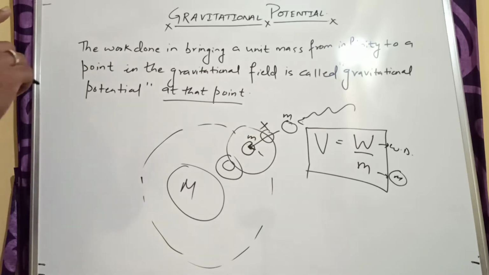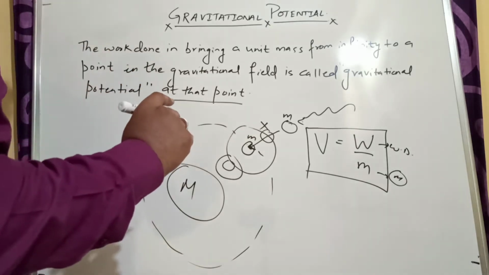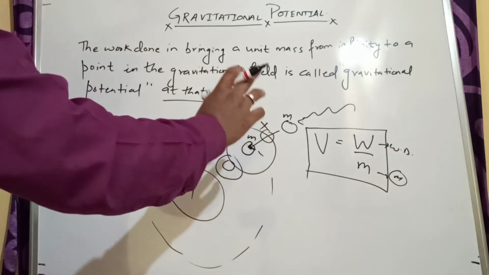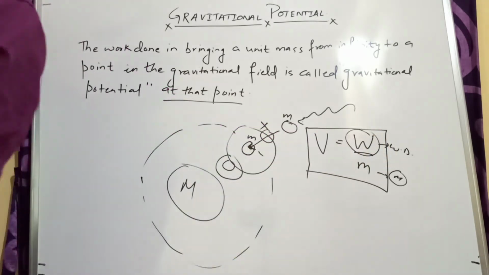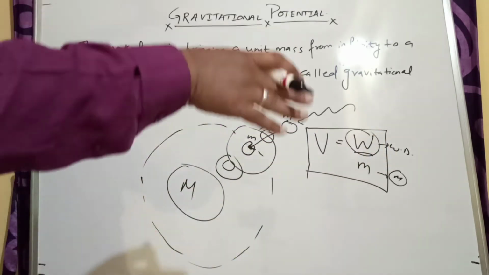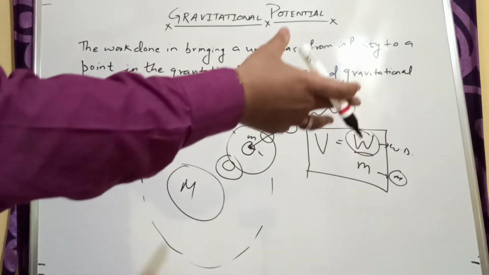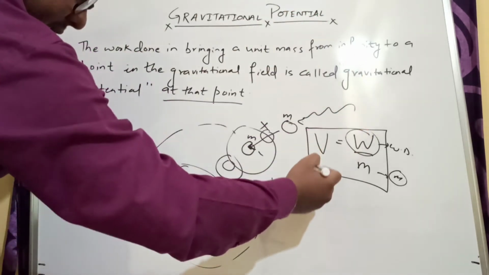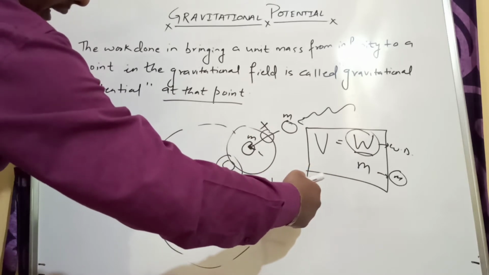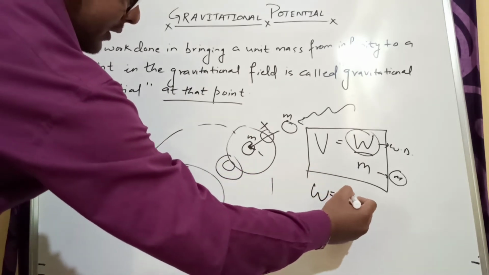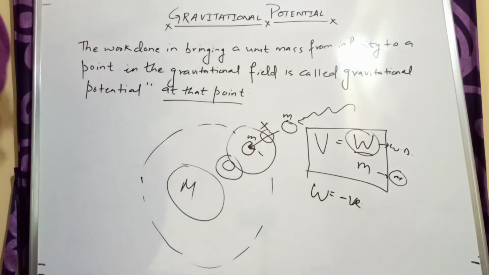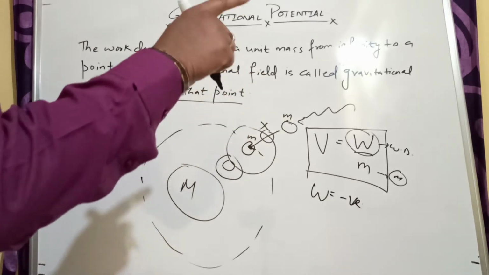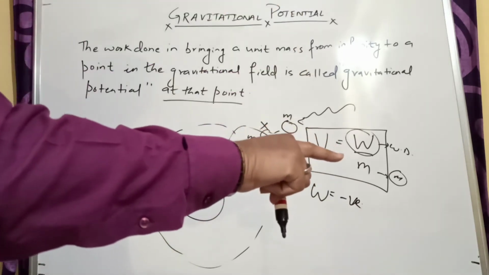Now one thing you have to note is that in this process this work is not the work done by the agent, it is the work which is obtained by the agent. Clear? So this work is negative, so W is always negative, because it is the work obtained by the agent.